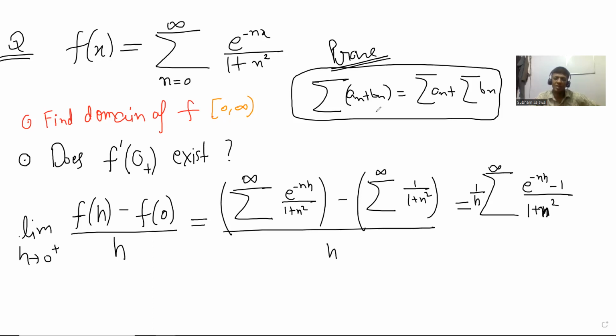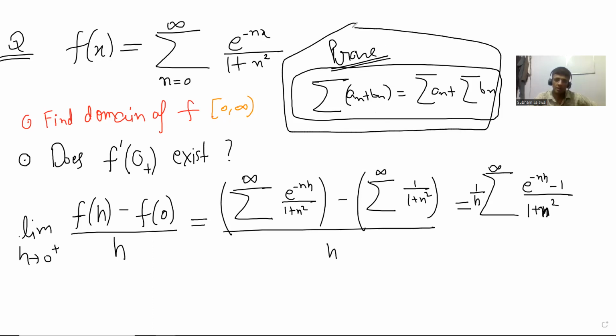You can try that out, it will not be true. You cannot just separate a series in this way. So you can think about this. But in this case, we can do it because the terms are positive.